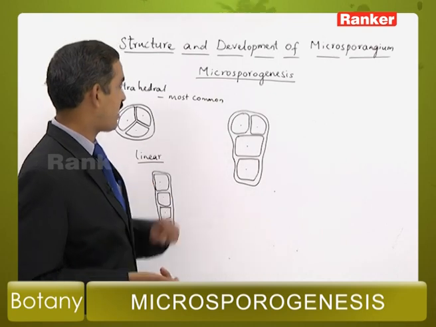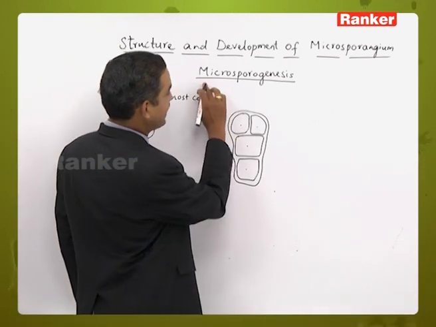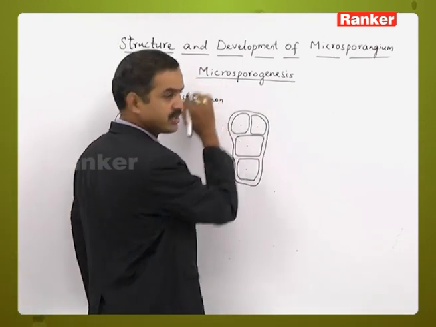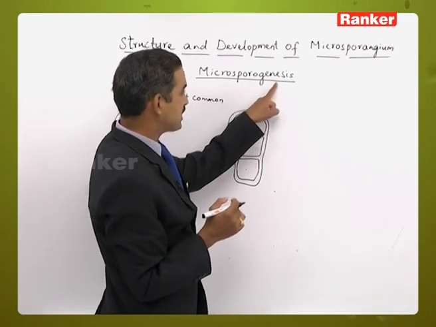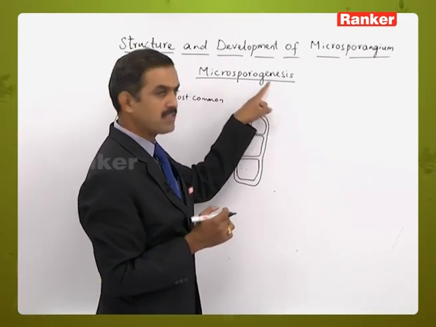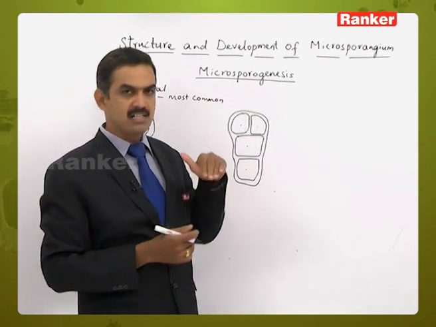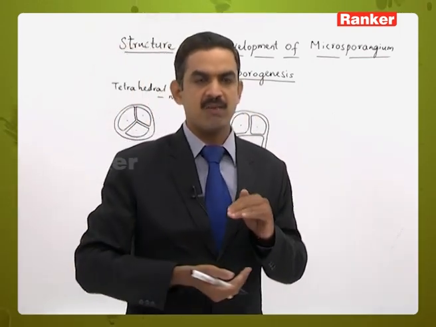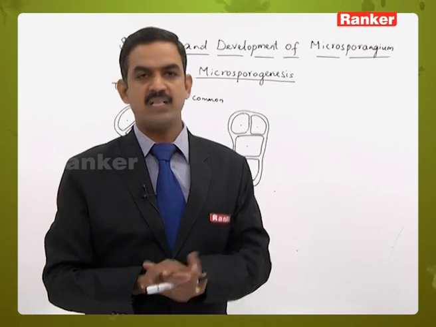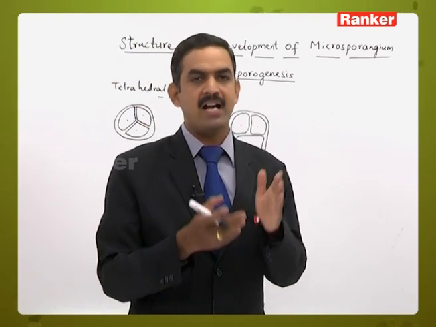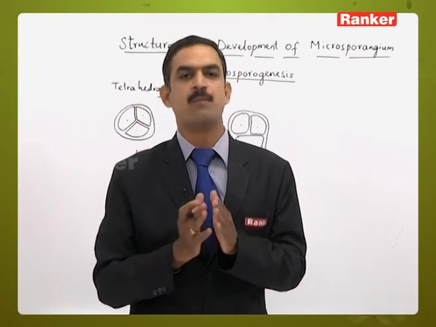Then let us come to the next part of this one. As we have written the heading microsporogenesis, genesis means formation, the formation of the microspores. Already we had discussed that the microspore mother cells will undergo meiosis and convert into a tetrad of microspores, and from the tetrad 4 microspores are separated.